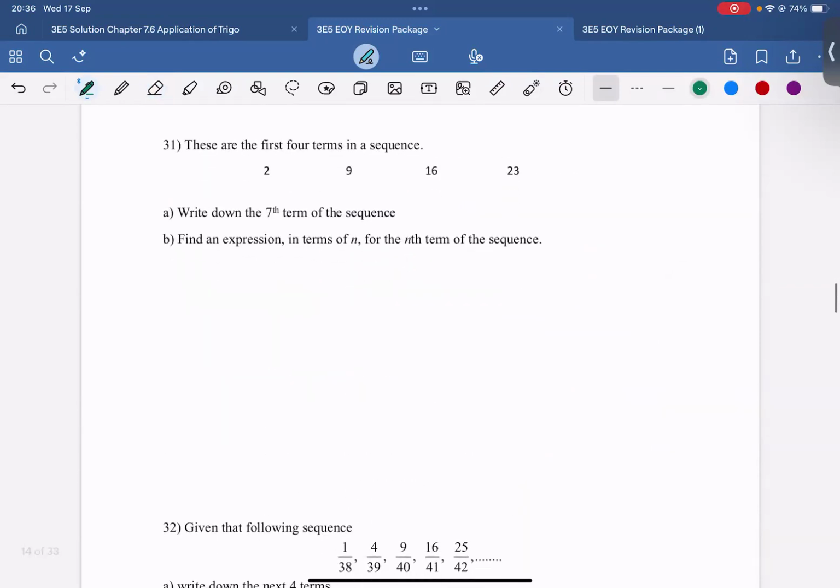So take a look at this. This is +7, +7, +7. So Raiden, what is the n-th term? Thinking. Wait, what do we have first?